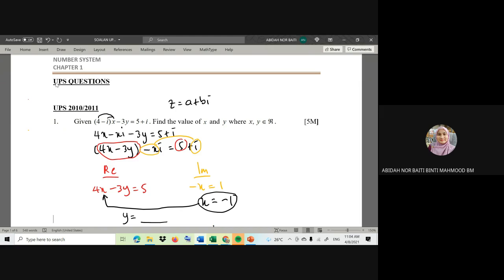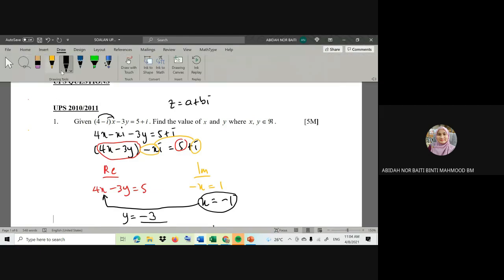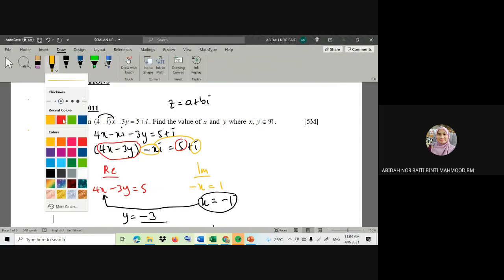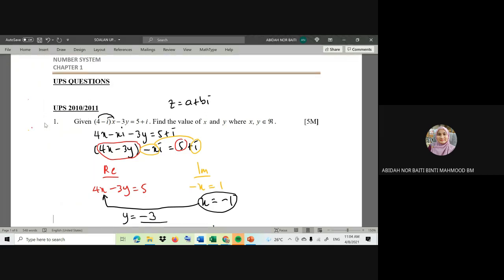So y equal to minus 3. Betul tak? Betul, madam. Okay, by comparing. Compare real and real, imaginary with imaginary. Okay? So this is real, we compare real.